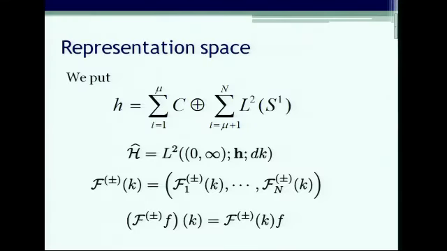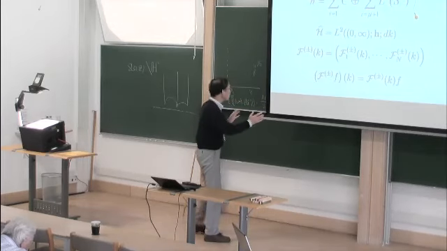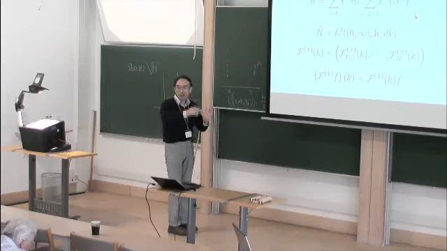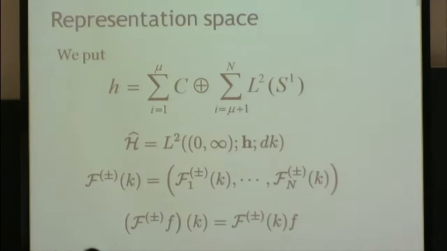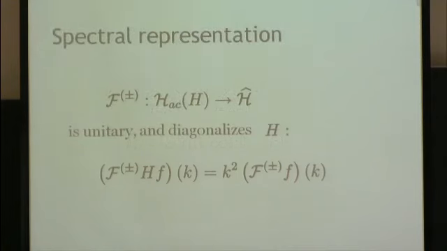And you consider the space of L2 functions over 0 infinity. This is the spectrum, and this H is the space at infinity. And you consider the Fourier transform, which maps functions over this manifold to this space. Then this is a unitary operator which diagonalizes the original Schrödinger operator.